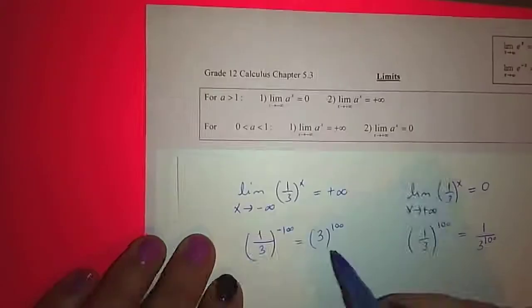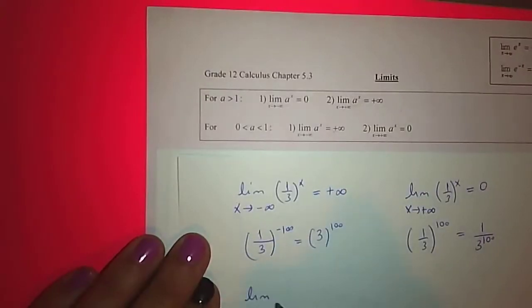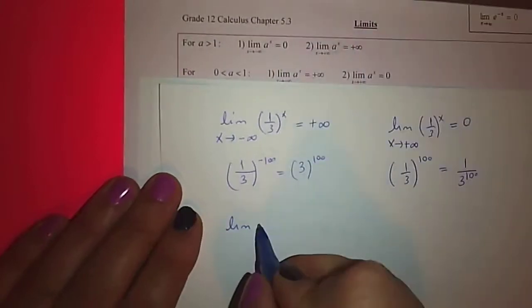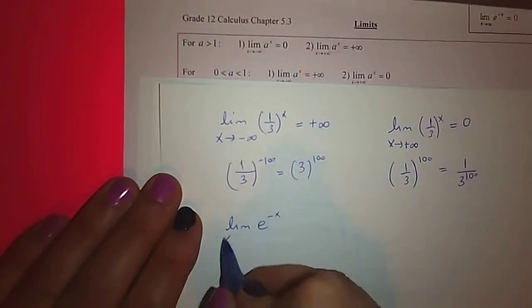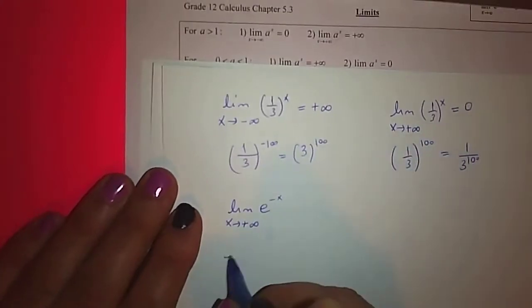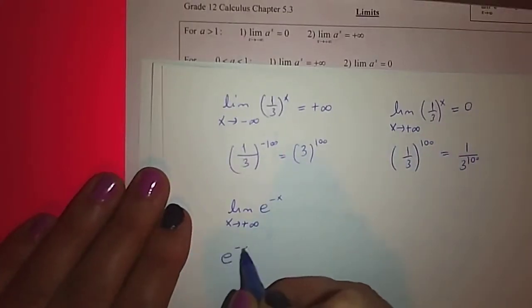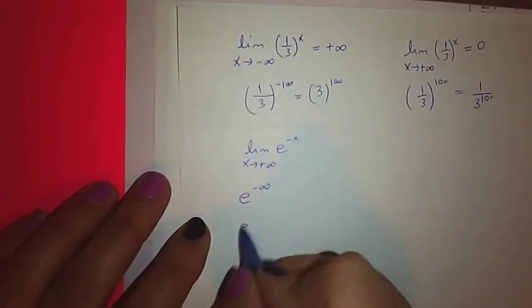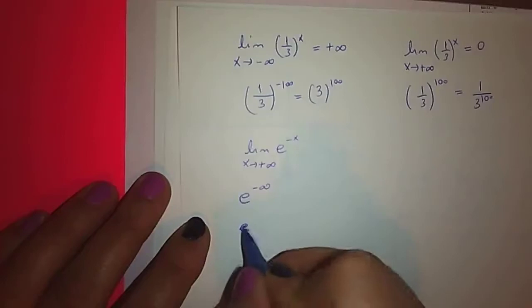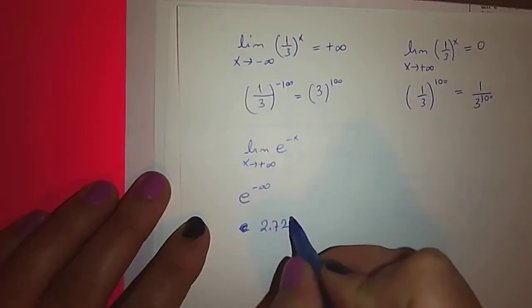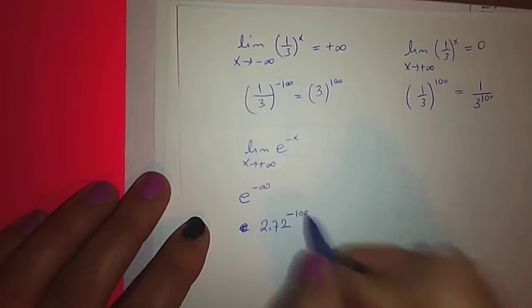Let's look at it for a second. You are having a limit of e to the power of negative x as x approaches positive infinity, so you are getting e to the power of negative infinity. Let's substitute a value here, or we can even write the decimal value: 2.72 to the power of negative 100, let's say.